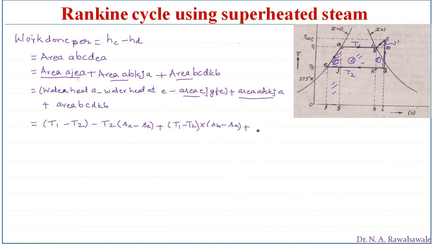So this area we can write as area BCMB, the 3 dash area, plus area BMDKB, the third area.